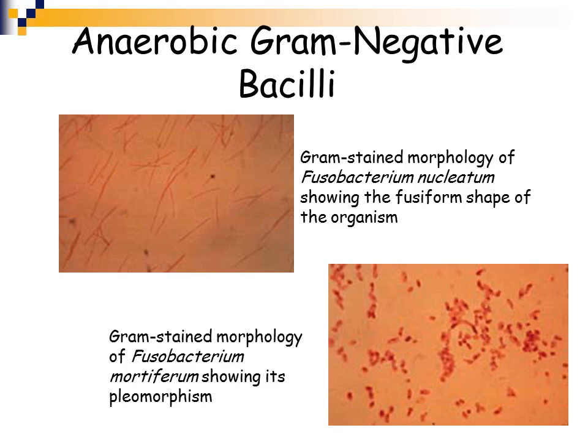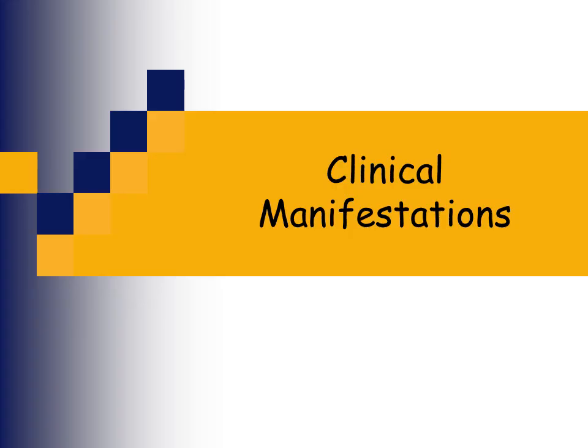On the bottom right, this is a different species, Fusobacterium mortiferum, and this has various shapes to it. So Fusobacterium nucleatum is the most common Fusobacterium of the anaerobes, and it has that fusiform shape, but not all of the Fusobacterium organisms have that characteristic fusiform shape to it.